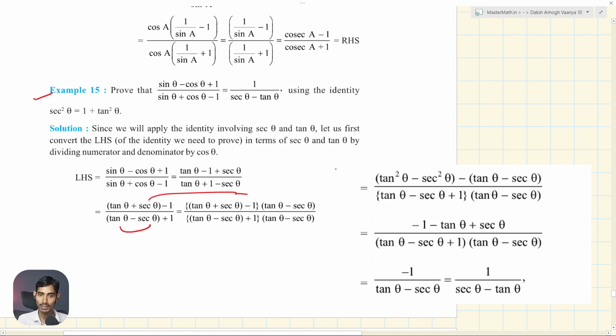But once we are done with that and multiply that, then things get into what we want. Any step is not clear, please ask.